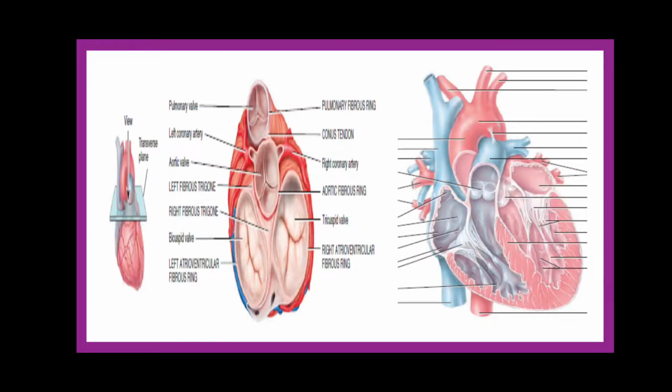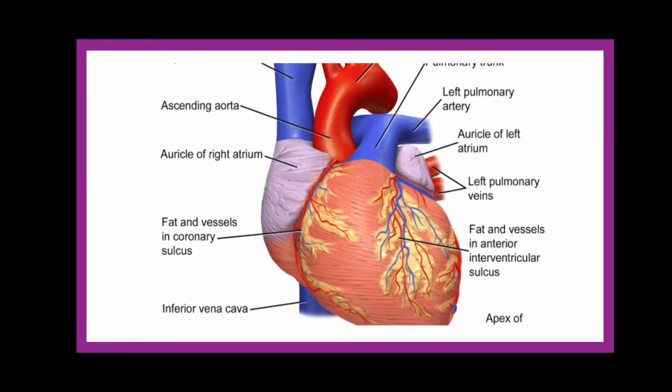First of all, I would like to show you superficially how it looks. As we have seen in the introduction and the anatomy, there are basically four chambers: two atria and two ventricles.